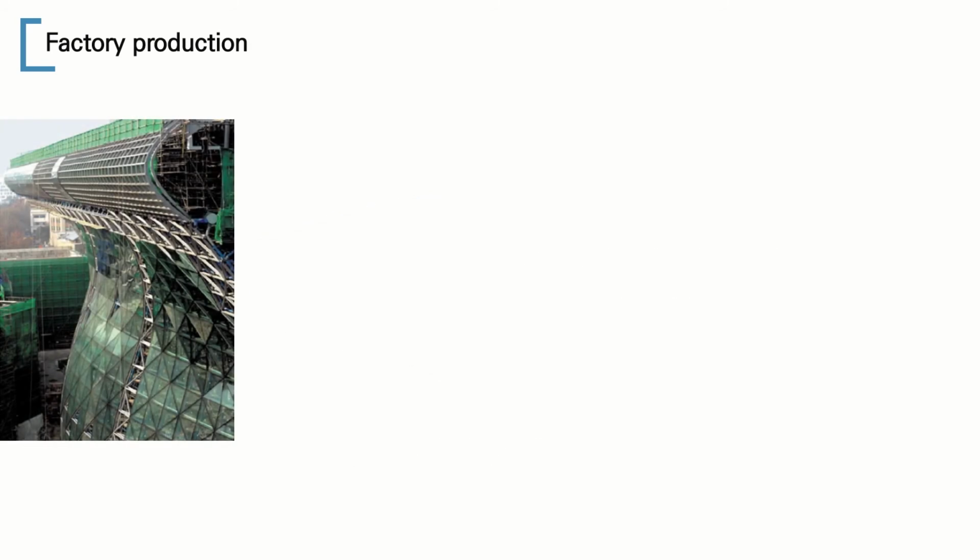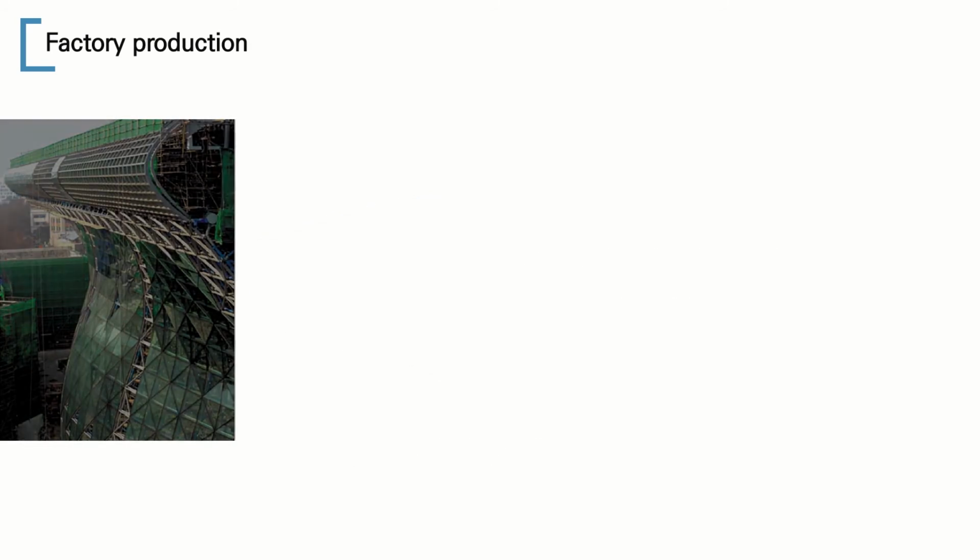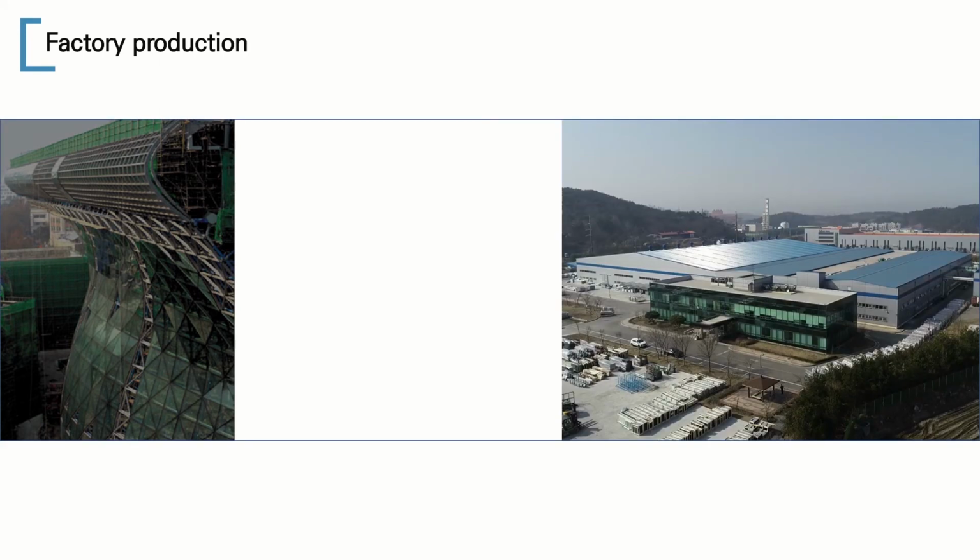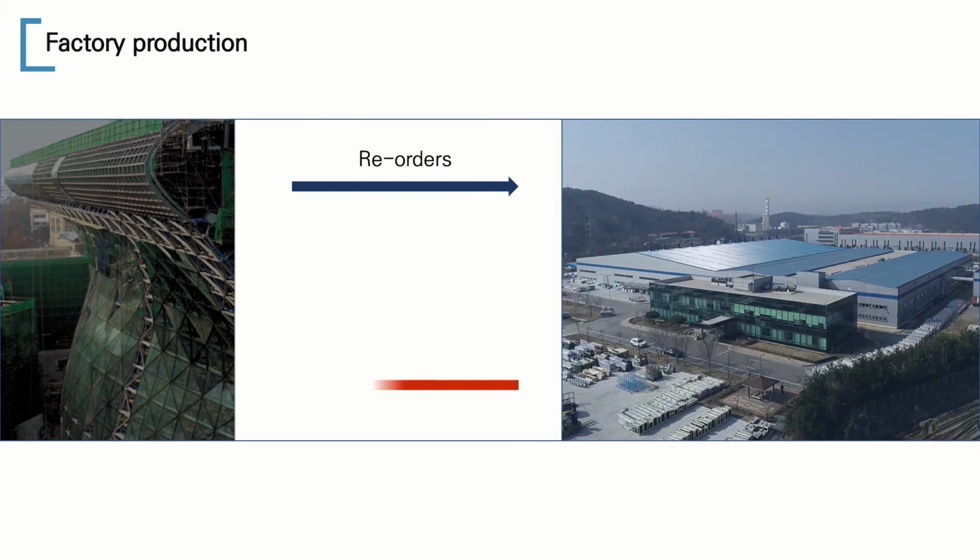Also, if defects in glass were found at the site or damage occurred during construction, there was a series of delays in the construction period, as the glass had to be reordered, manufactured by the factory, and then transported again.